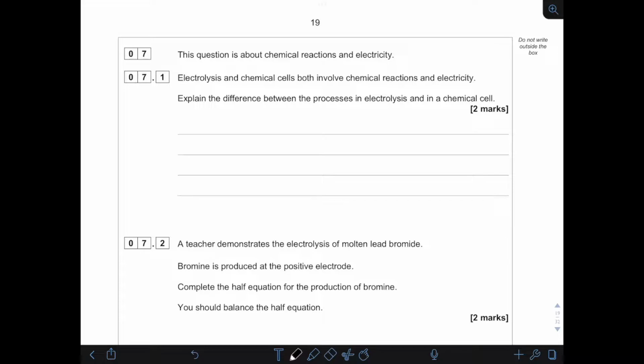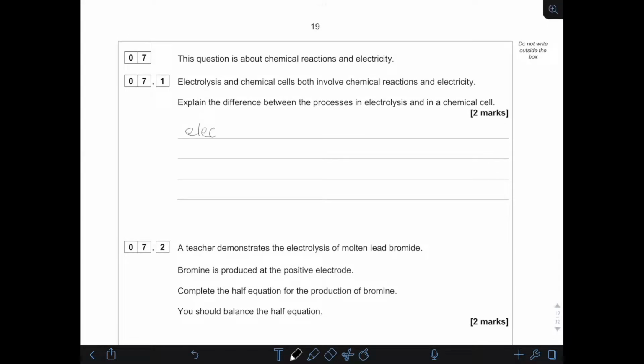So let's see, we should write: electrolysis uses electricity to run reactions, whereas for a chemical cell, not chemical gel, chemical cell, if I can write properly, electricity is generated.